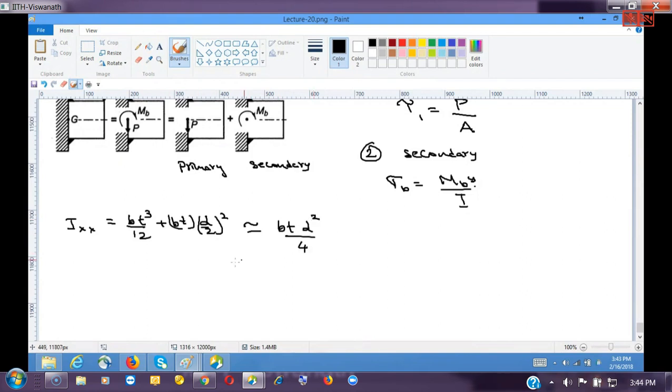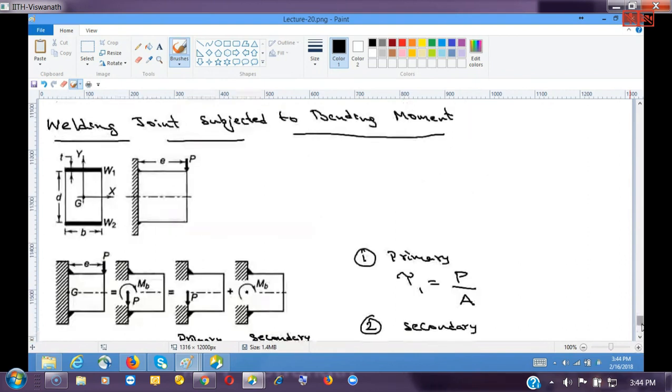Since you have welds on both sides, this is for one side. Similarly, Ixx is equal to Ixx on the first side plus Ixx on the second side. That will be 2Bt d square by 4, or t into B d square by 2.